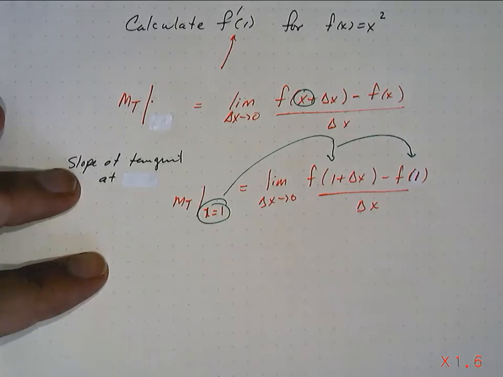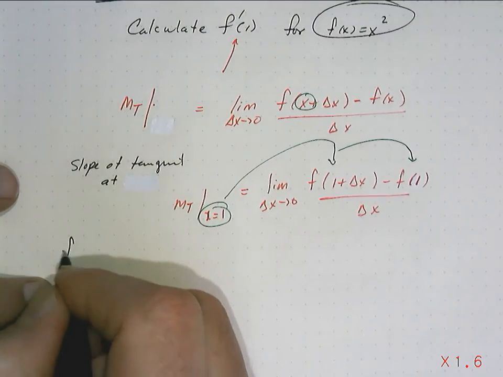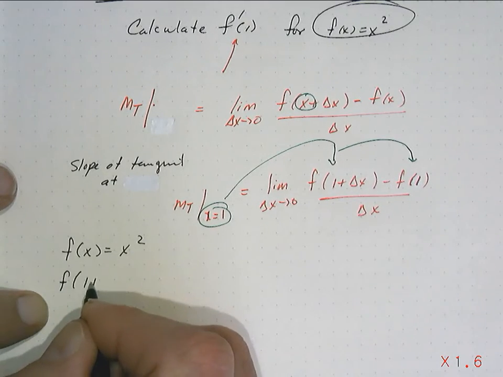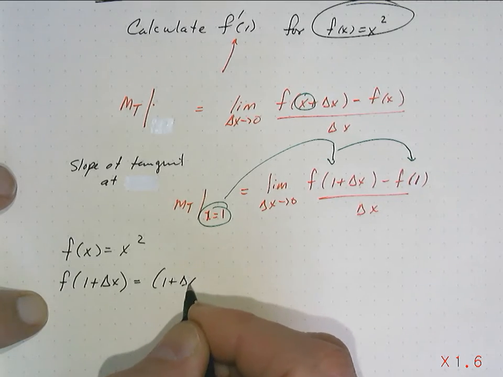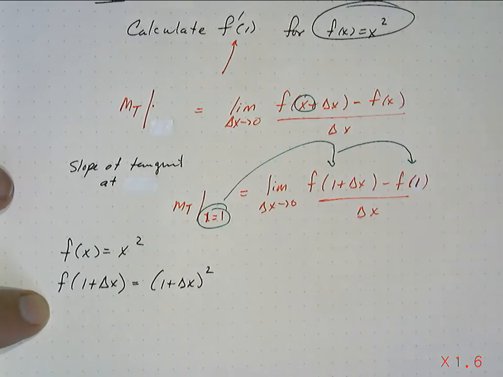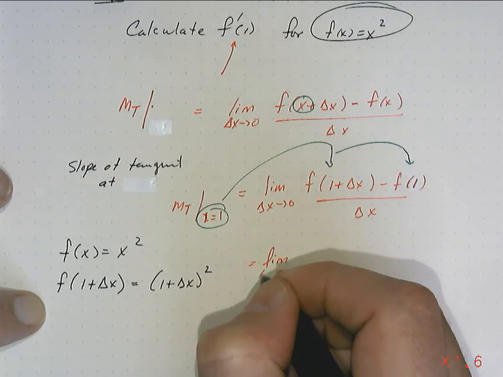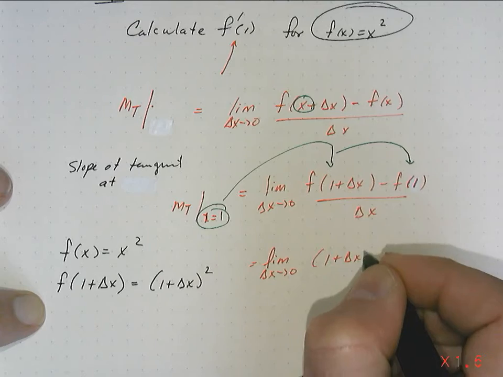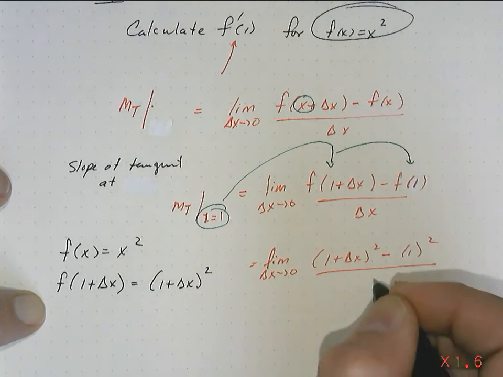So what we want to do is we're going to take a look at f of x equals x squared. So f of 1 plus delta x is going to equal 1 plus delta x squared. So this is going to become the limit as delta x approaches 0 of 1 plus delta x squared minus 1 squared over top of delta x.